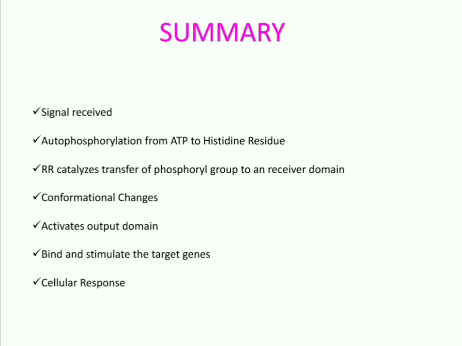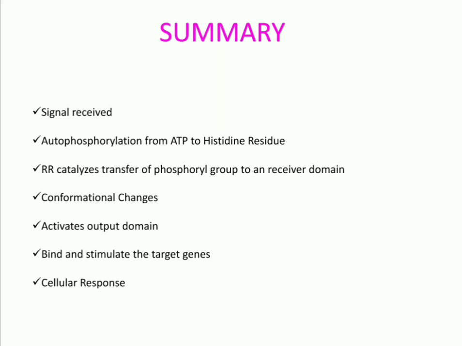So, let's look at the summary. First, a change in the external environment occurs, and this signal is received by the bacterial cell. Because of this, the HK, that is the histidine residue, gets autophosphorylated from ATP, and it transfers the phosphate group to the RR, the response regulator, which catalyzes the transfer of the phosphoryl group to the receiver domain.